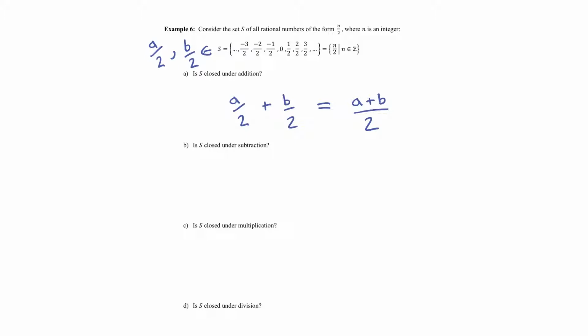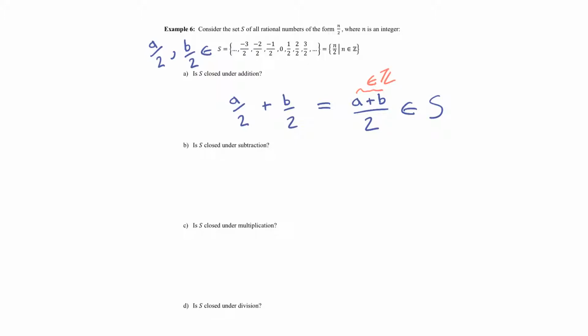The a plus b represents an integer, because a and b themselves are this numerator that was an integer to begin with. So the result of a plus b divided by 2 is indeed in our set S.